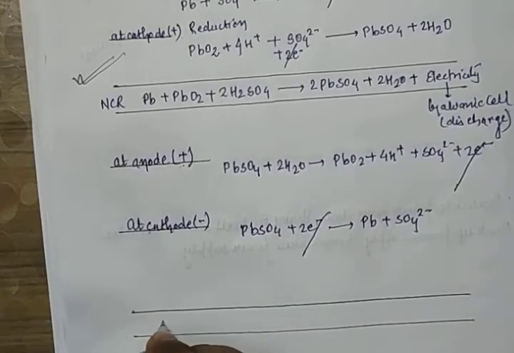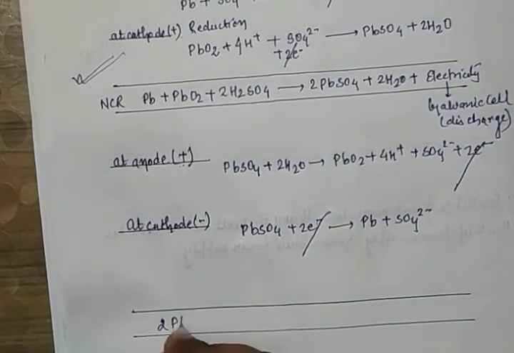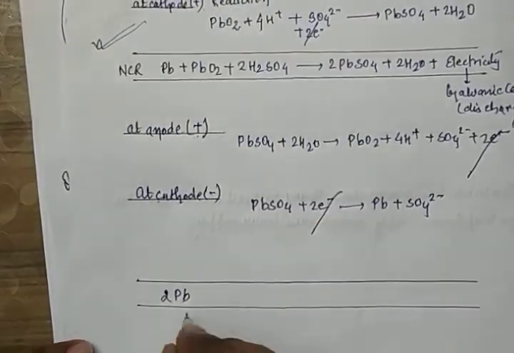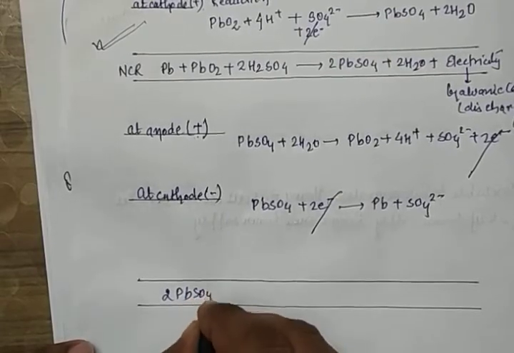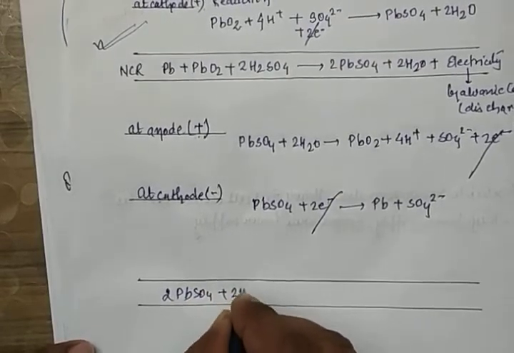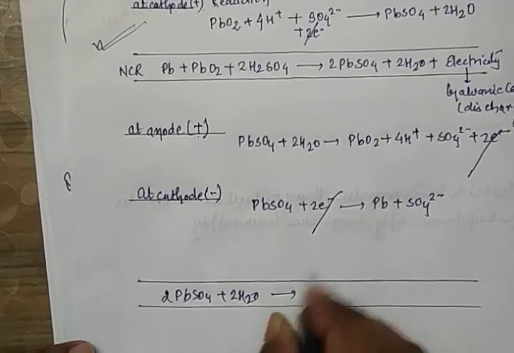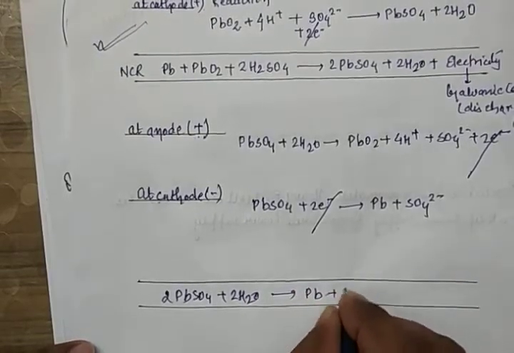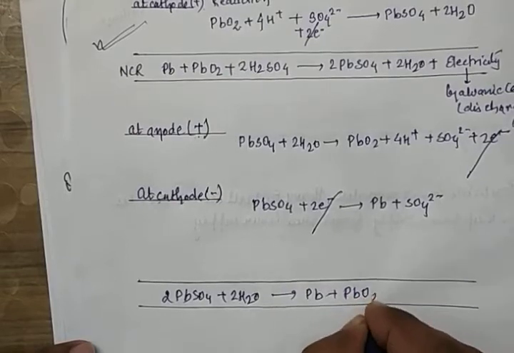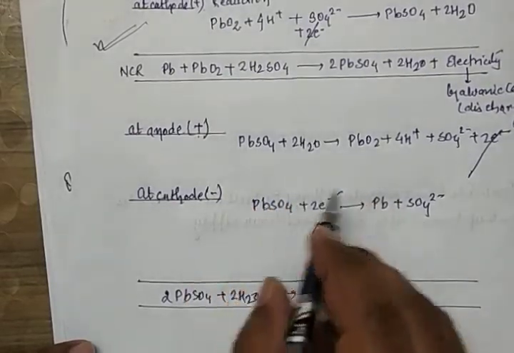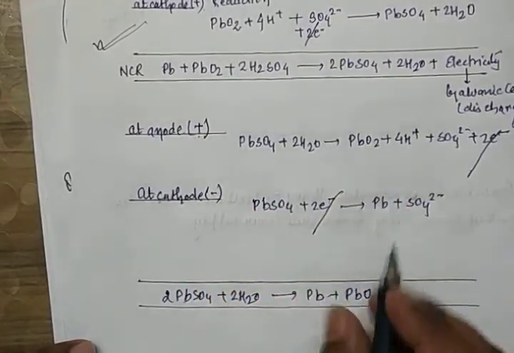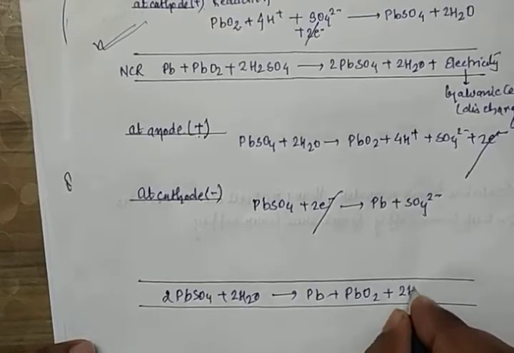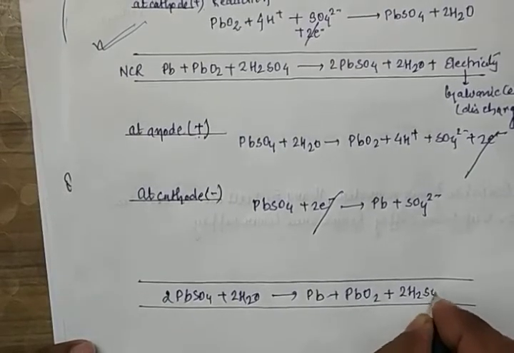So here 2PbSO4 plus 2H2O gives Pb plus PbO2 plus 2H2SO4, because there are 4H+ and 2SO4 2-.